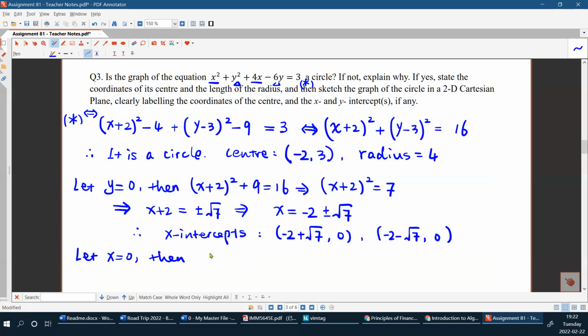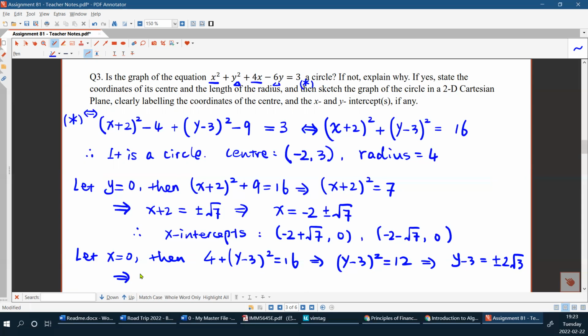Which means 4 plus (y minus 3) squared equals 16, which gives us (y minus 3) squared equals 12, right? Which means y minus 3 should be positive or negative square root of 12, which is 2 times square root of 3.